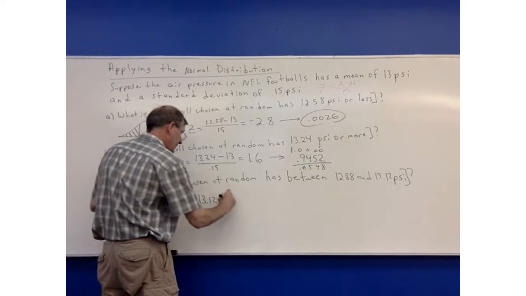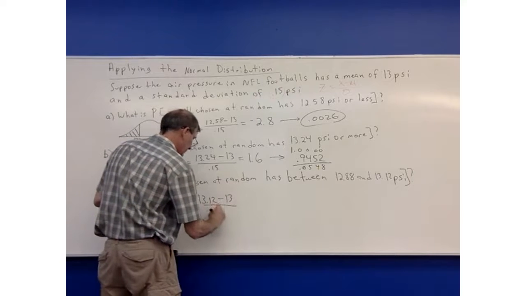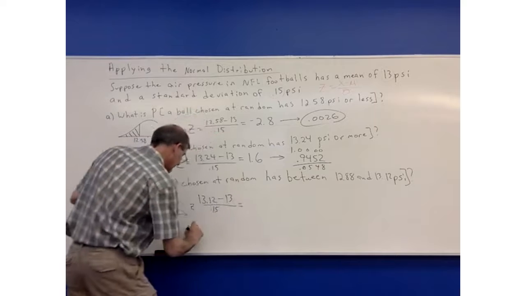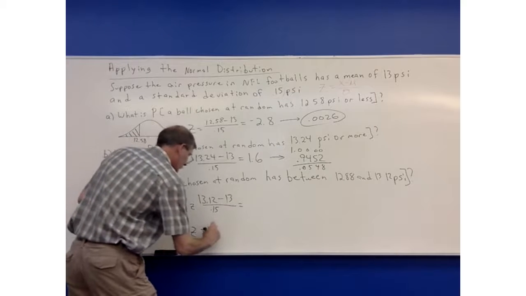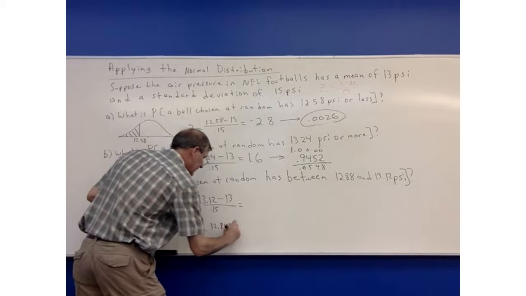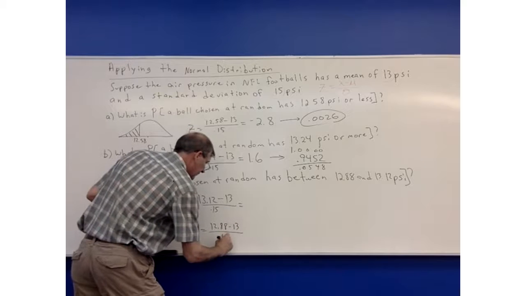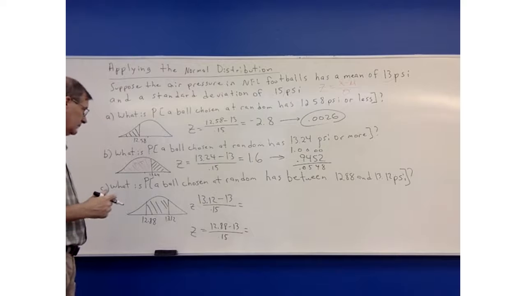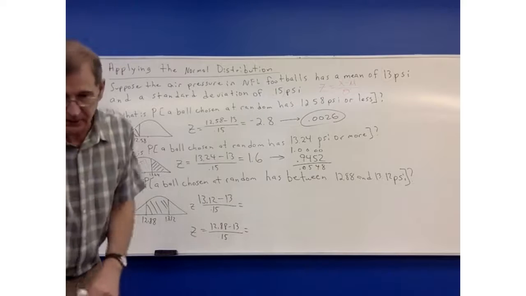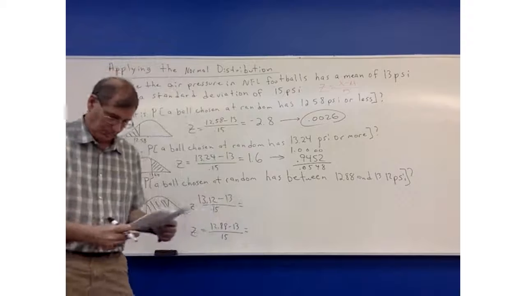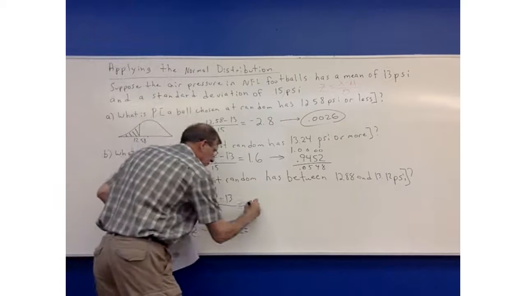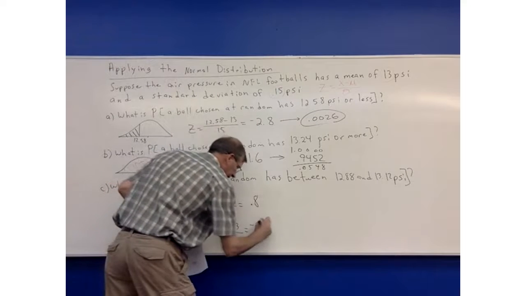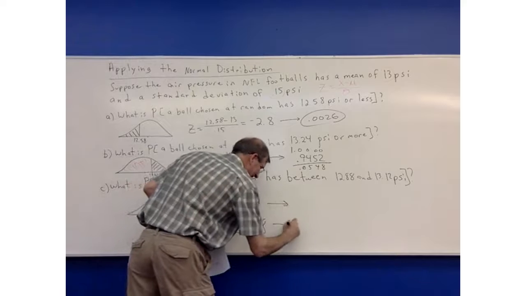Z equals that minus 13 over 0.15. This is 12.88 minus 13 over 0.15. So if we do this, what numbers do we get? Negative 0.8.